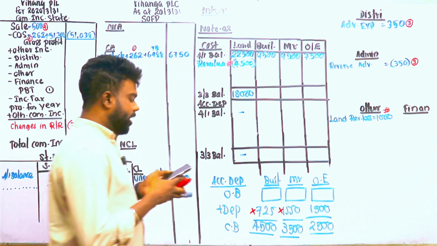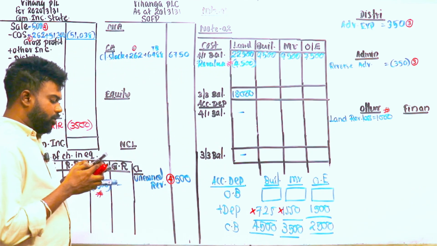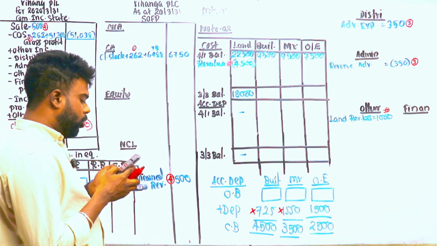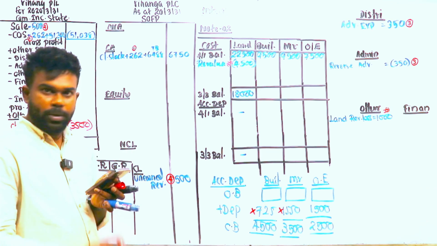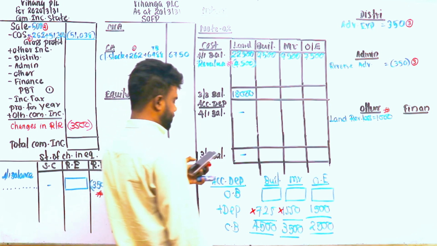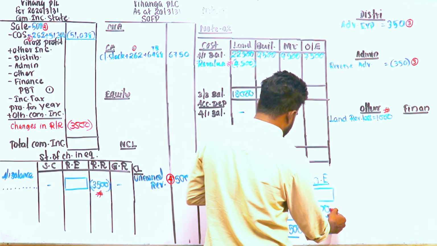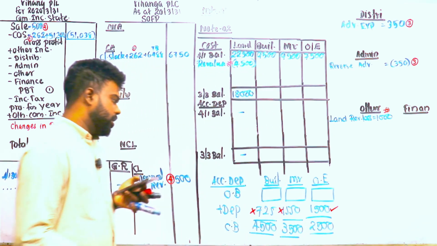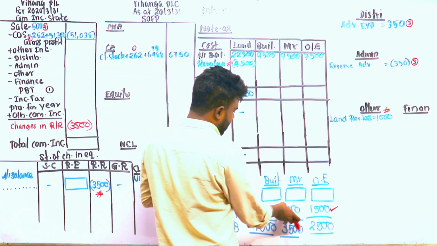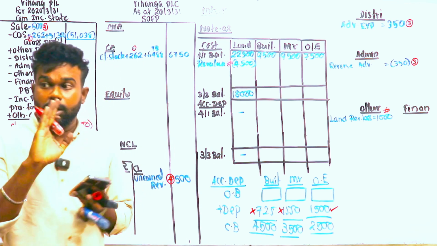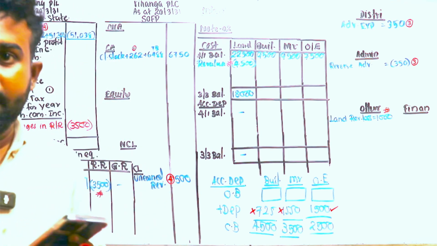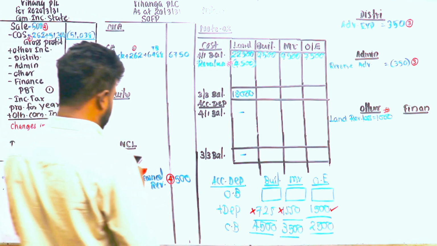These two are incorrect, so we have to recalculate. So calculate and tell me the opening balance of building accumulated depreciation. I think office equipment depreciation is already calculated, correct? Only building and motor vehicles are incorrect, which means office equipment is correct.